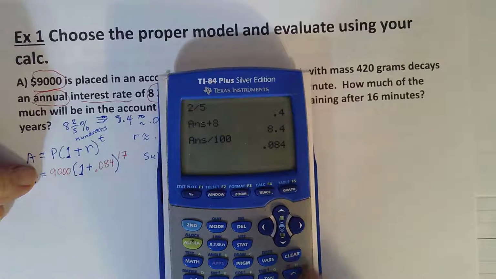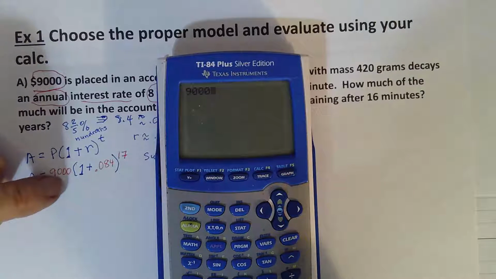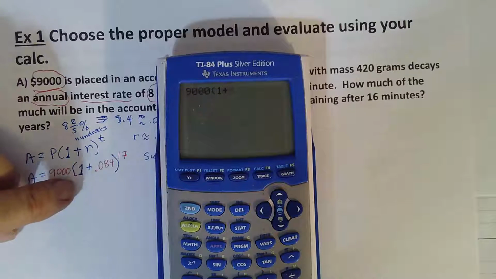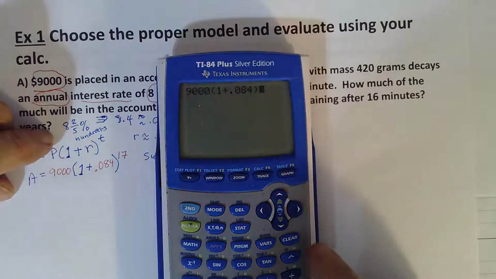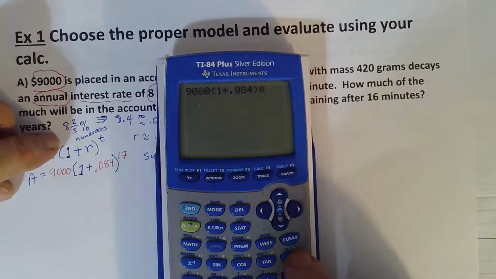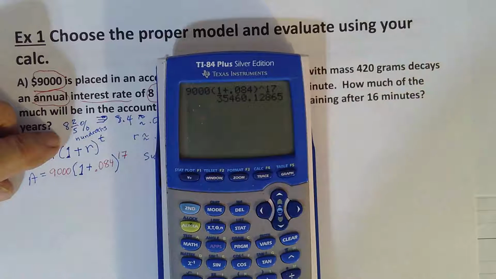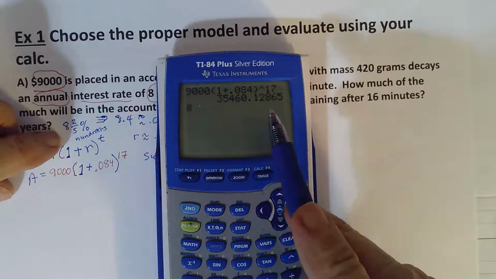So I'm going to go ahead and type in here the initial amount, $9,000. And then I'm going to, in parentheses, multiply it to 1 plus 0.084, which is what we have in here. Close the parentheses. And then since I want it to the power of 17, I'm going to click this little caret button. That gives me the exponent, raises it up to a power, and to the 17th power. And I'm going to hit enter. And you'll notice I get 35,460.12865.